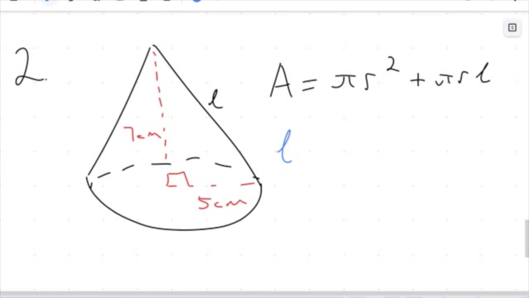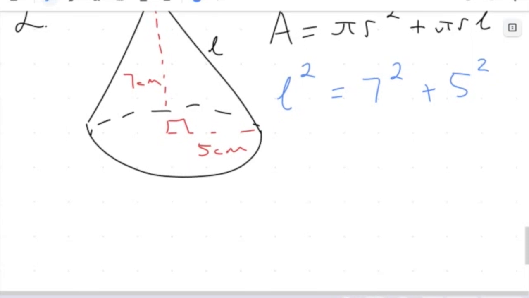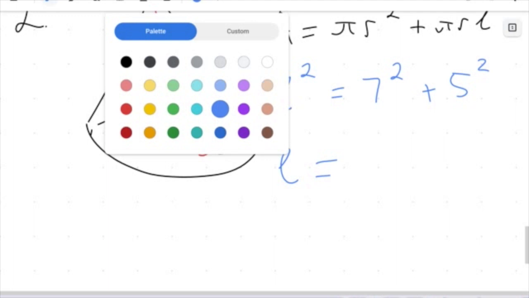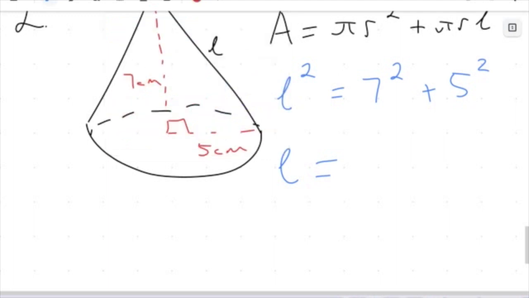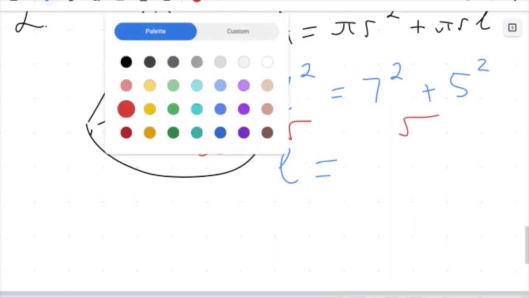And to do that, I know that my hypotenuse squared, or my c squared here, is going to be the addition of my 7 squared and 5 squared. So that means my length, I can express that by solving this equation. So if L squared equals 7 squared plus 5 squared, I can find L by taking the square root of both sides.